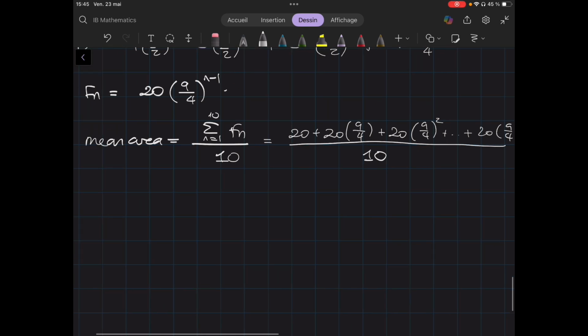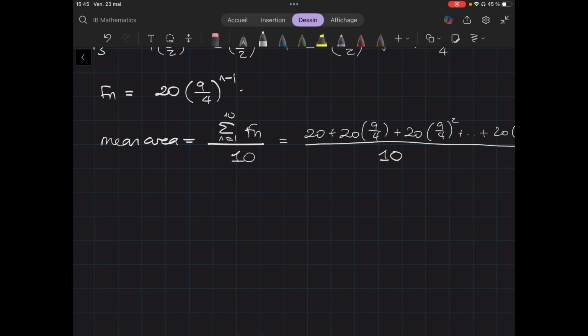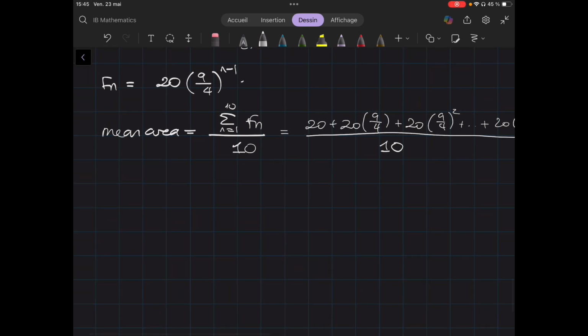Notice that the numerator is a finite sum of a geometric sequence. So the sum of the first n terms of a sequence is a times 1 minus r to the n, divided by 1 minus r. In this case, our a is 20 and our r is 9/4. Our n is equal to 10.